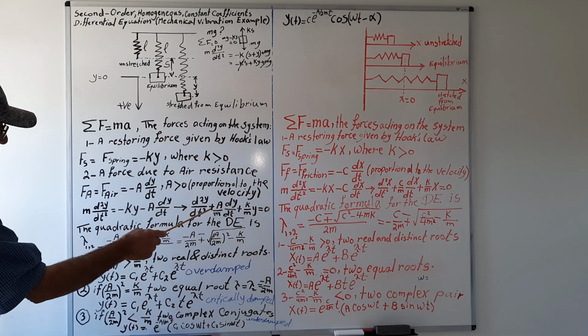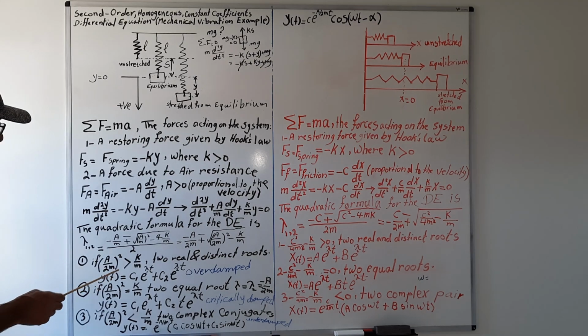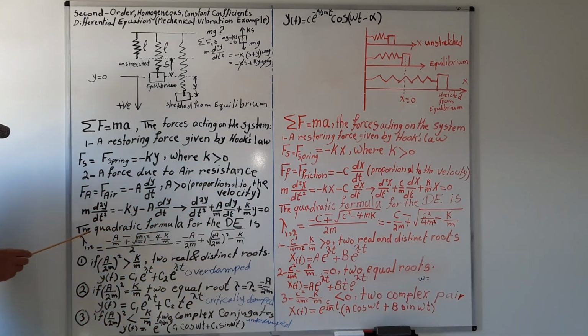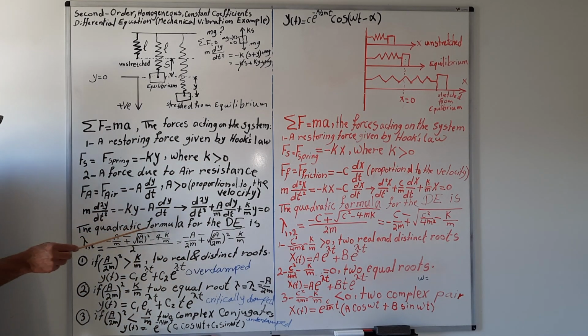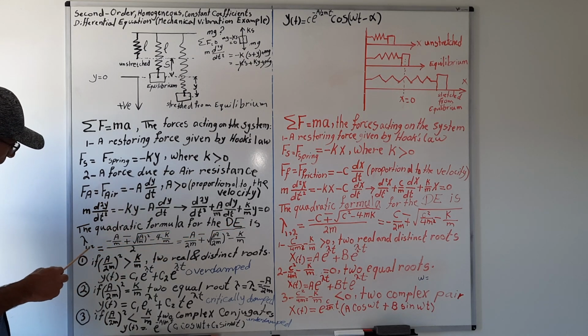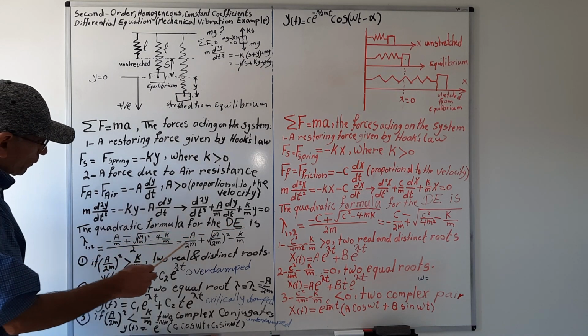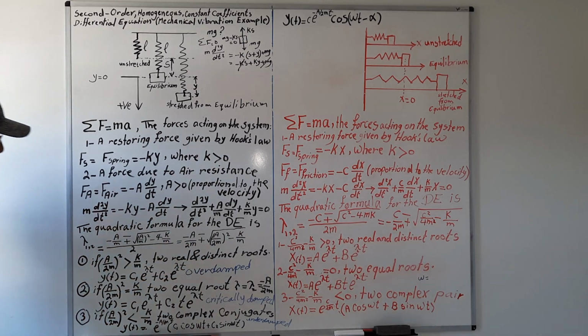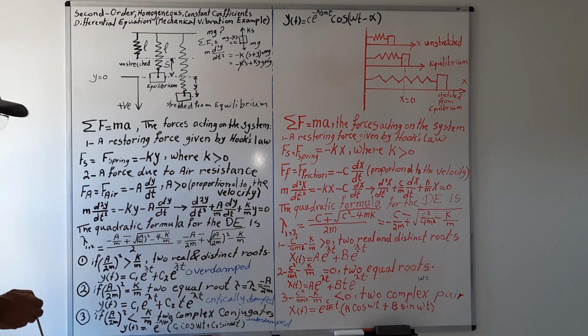So the solution for this second order differential equation: the quadratic formula for the differential equation gives lambda 1 and 2. Here is the formula. And again, we have three choices.